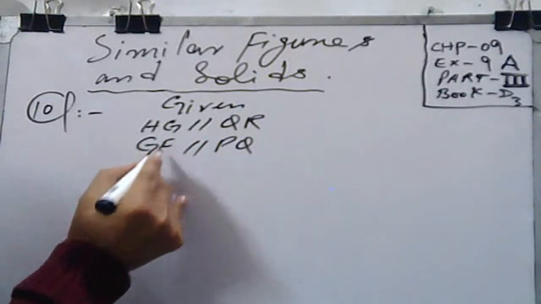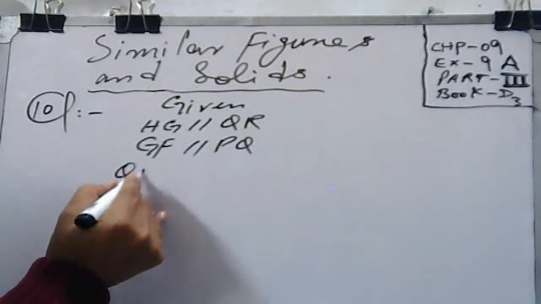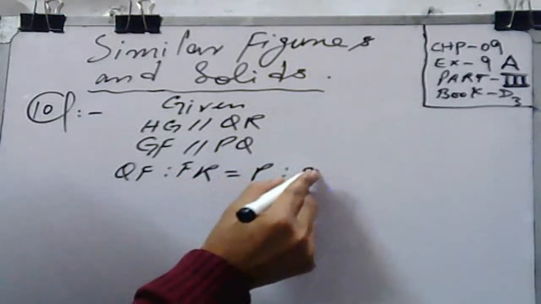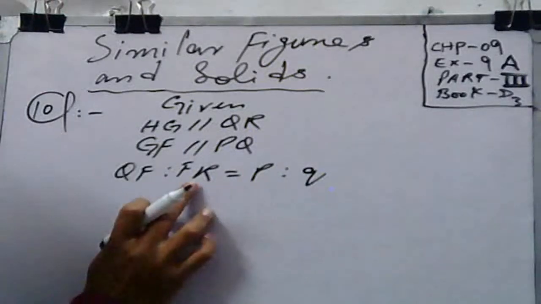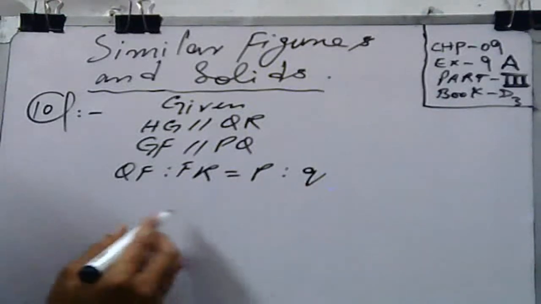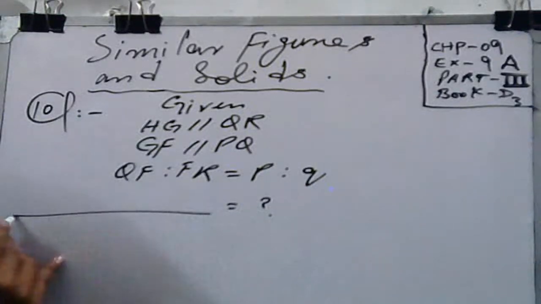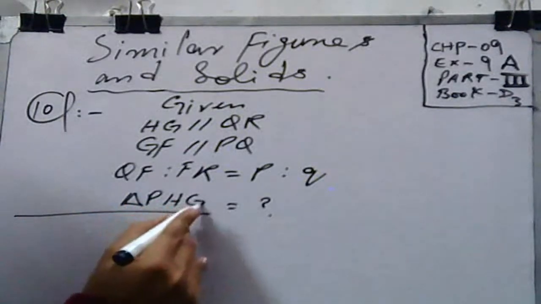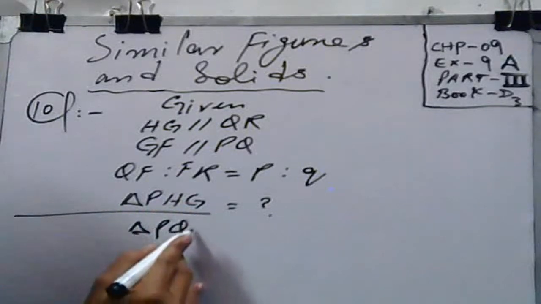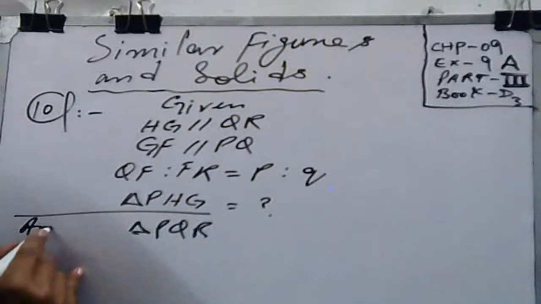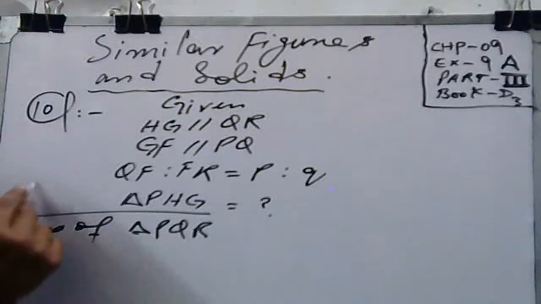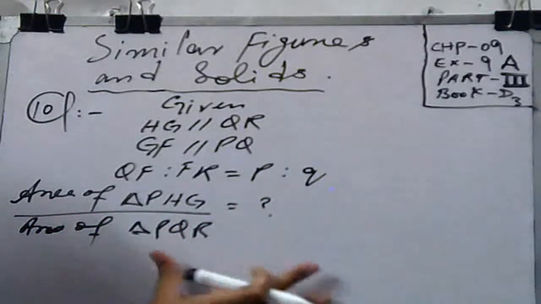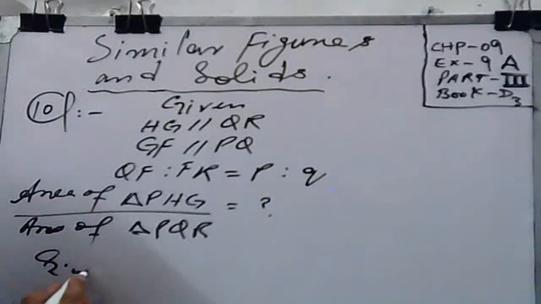Similarly, QF ratio FR is equal to P ratio Q. It means QF is your P and FR is your Q. So what we have to calculate here is the area of triangle PHG to the area of triangle PQR. We have to find this.